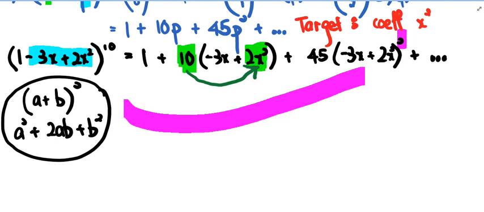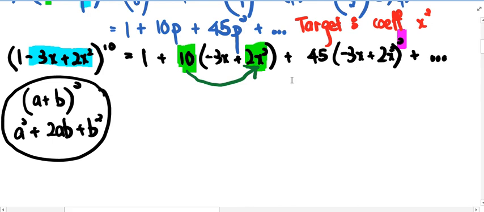I only want the term in x squared. So that is what I'm going to do. Which is the one that will give me an x squared? Cannot. I must expand first. If I were to expand negative 3x replaced by a, when I square it, what would I get? 9x squared. I already got x squared, right?